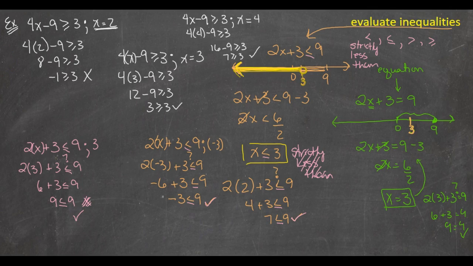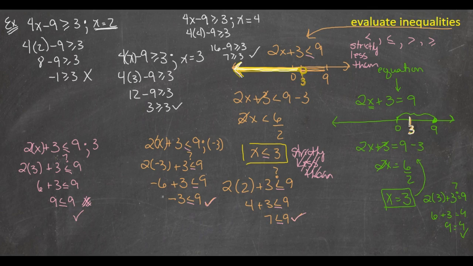So let's recap real quick. Evaluating inequalities is really quite a lot like evaluating equations, except instead of getting exactly one answer out of an inequality, you're going to get a whole bunch of answers. They're going to cover a range rather than a specific outcome.